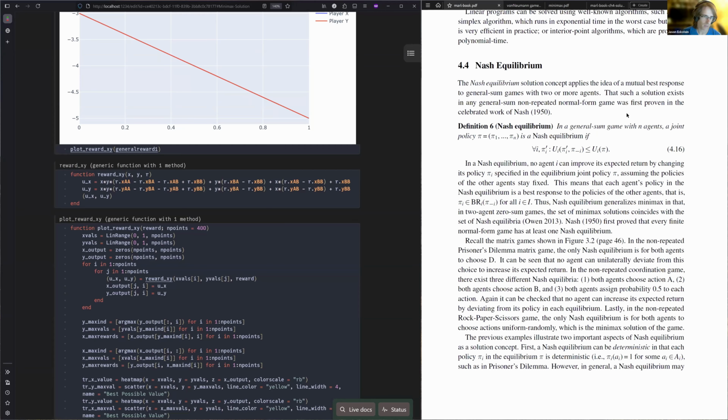The book talks about this in section 4.11, the complexity of computing equilibrium. We'll get to that next time.